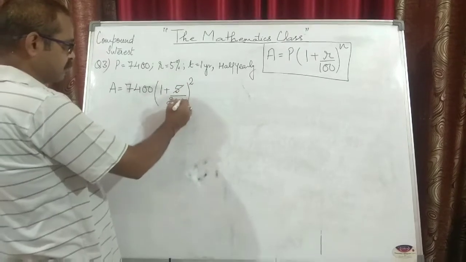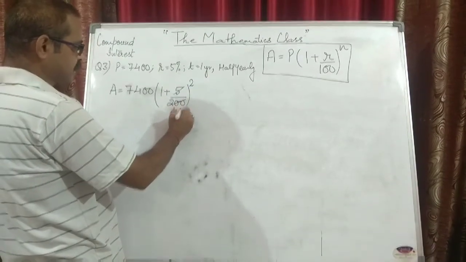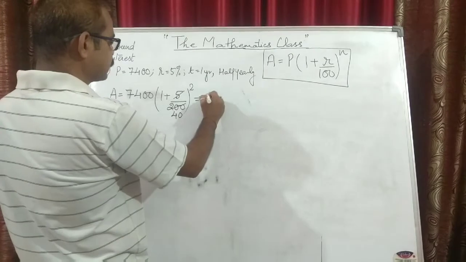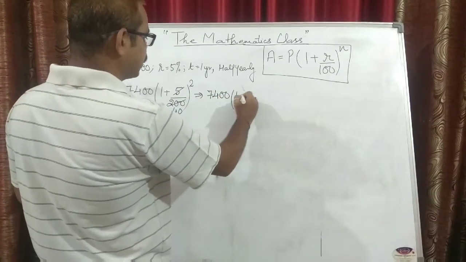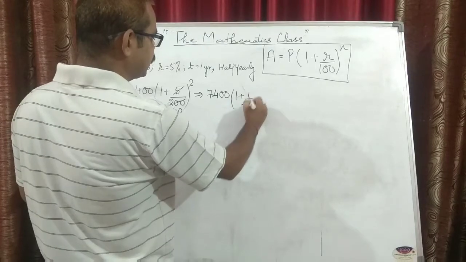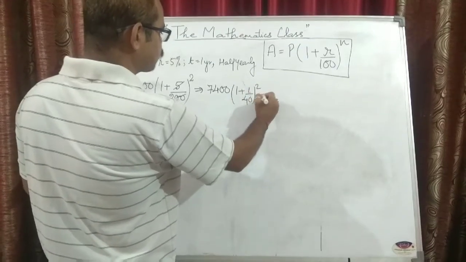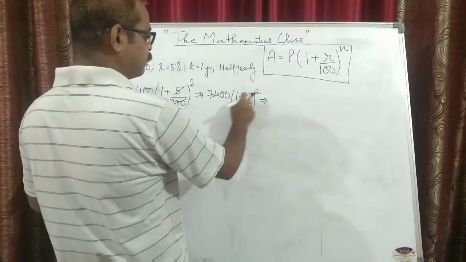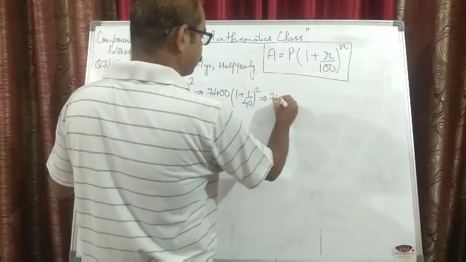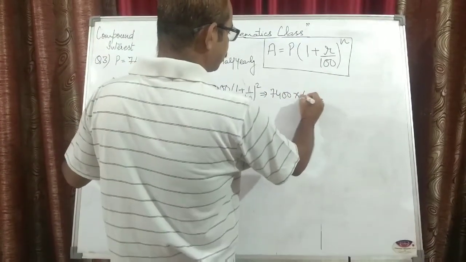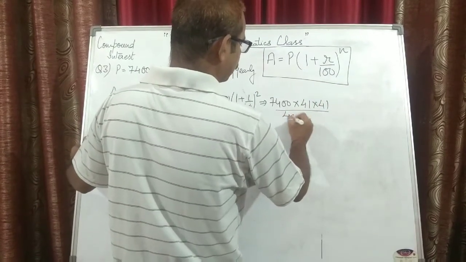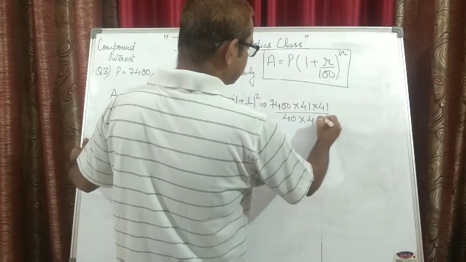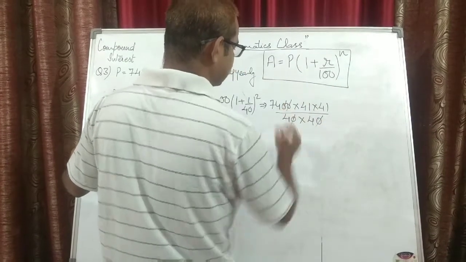So 5 ones are 5, 5 fours are 20 and 0. It became 7400 into (1 plus 1 upon 40) to the power 2. When you solve it, it will become 40 plus 1, 41. 7400 into 41 into 41 upon 40 into 40, 0, 0, 0, 0 cancel.